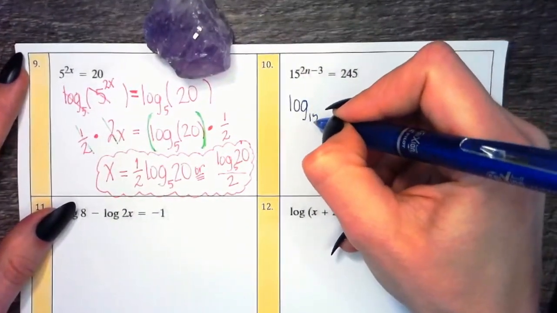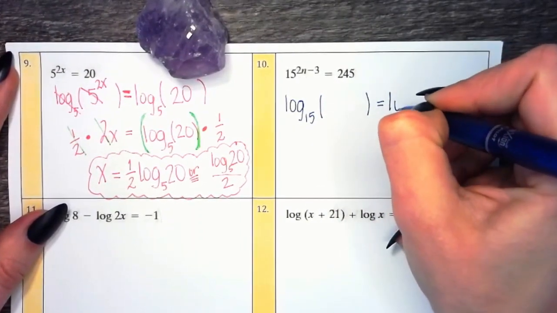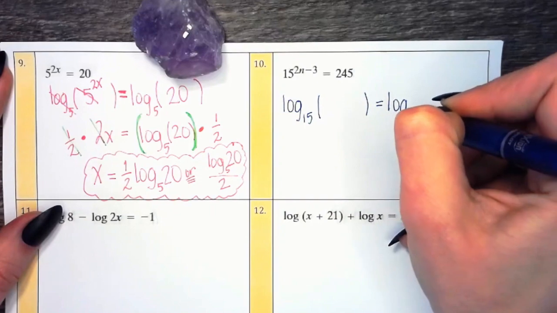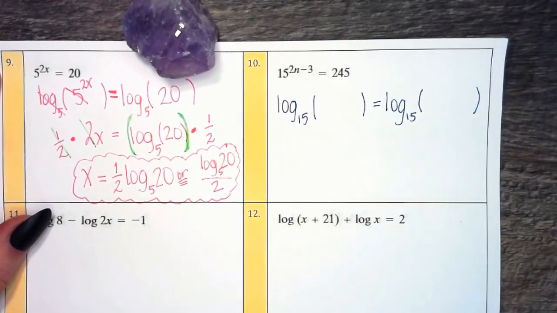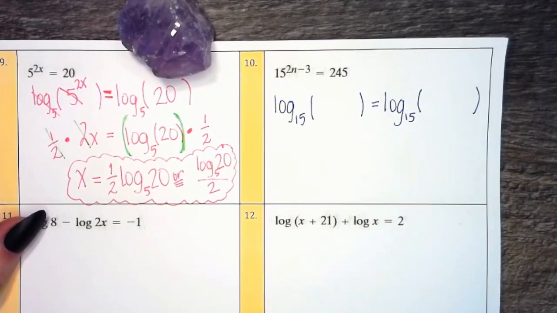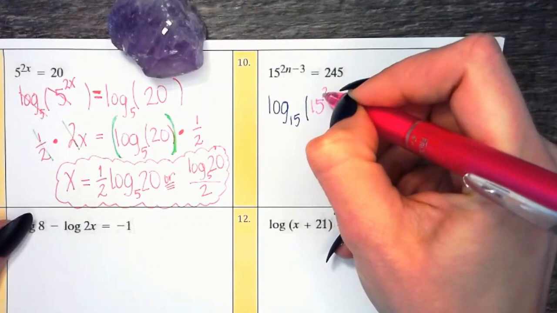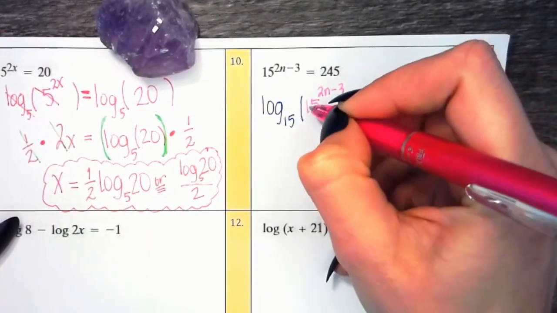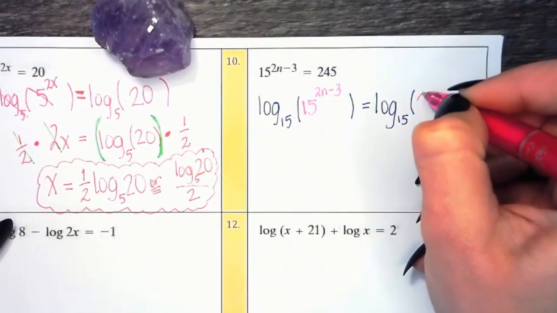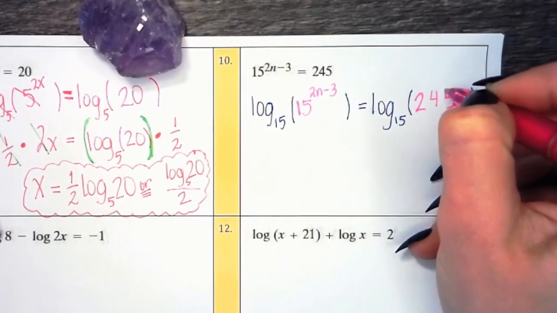Log base 15 of one side and log base 15 of another side. What am I taking the log base 15 of? On the left, 15 to the 2n minus 3, and on the right side, 245.